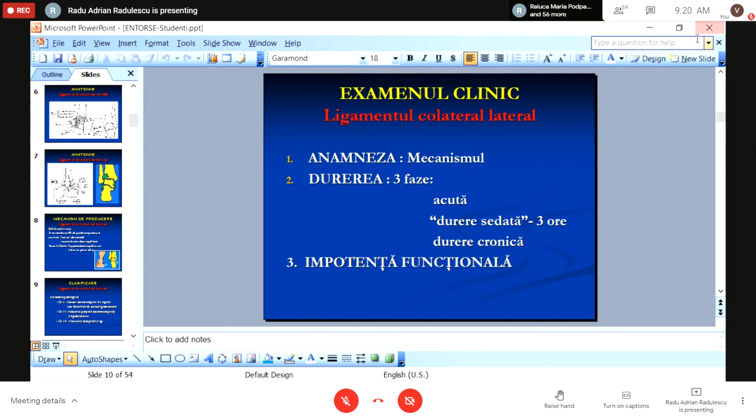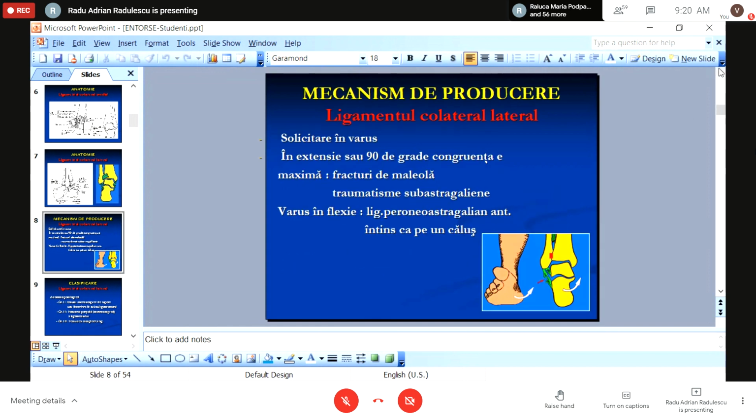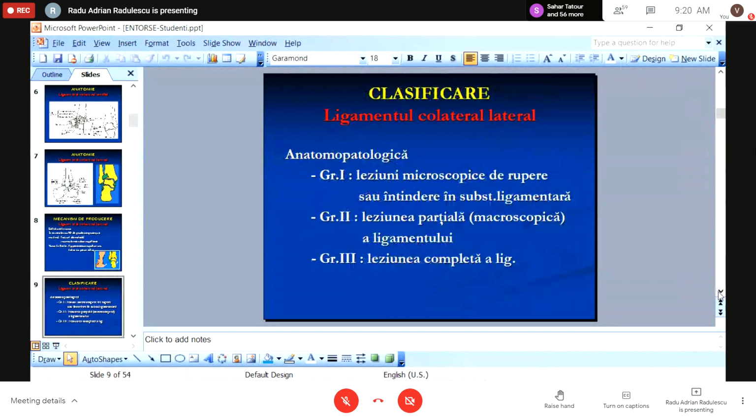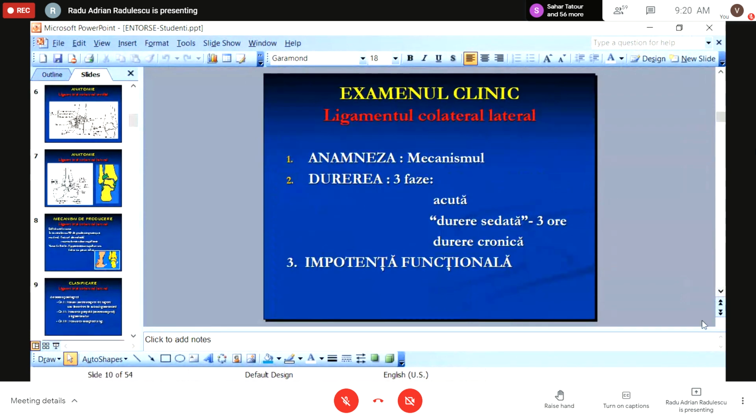You could see in here, it's the anterior talofibular ligament in flexion, the lateral talocalcaneal ligament in varus position, or these two combined, depending on what degree of flexion was present at the time of the trauma. So this is only for orientation, because of course it doesn't make a precise diagnosis.